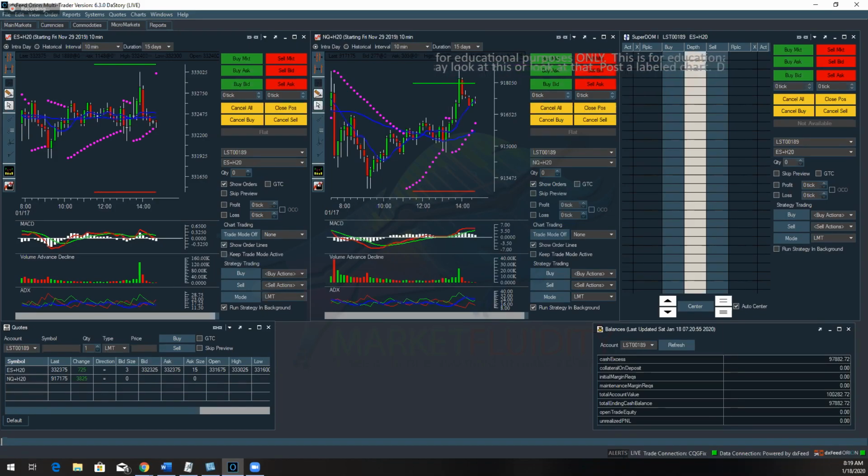Futures is all about hedging, right? If you know Southwest Airlines here in the United States, they hedged their fuel for many years with futures contracts.